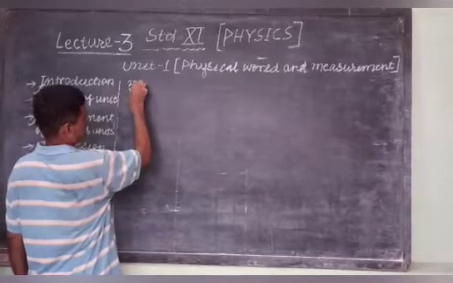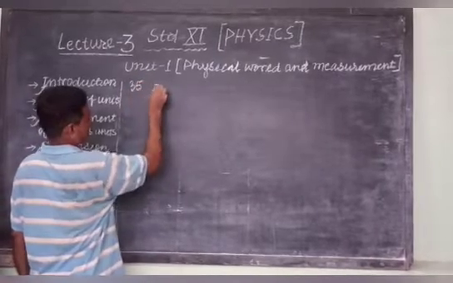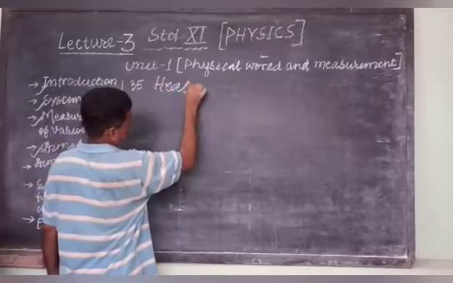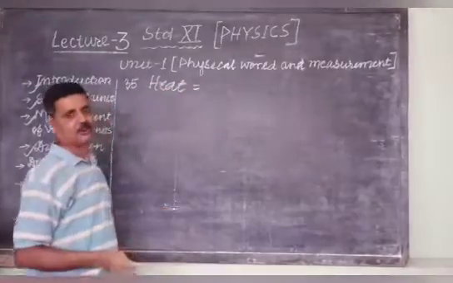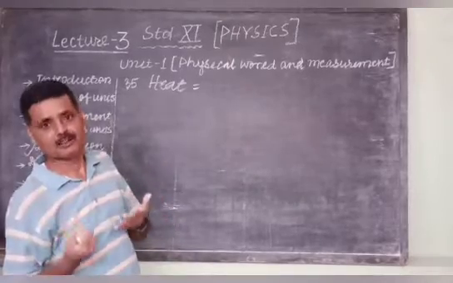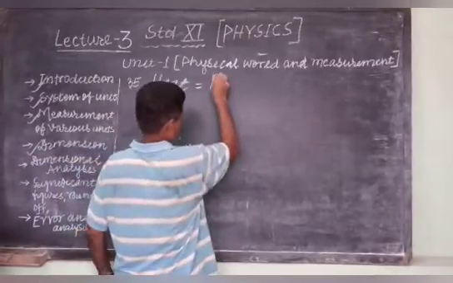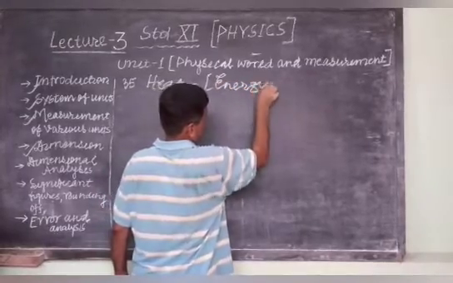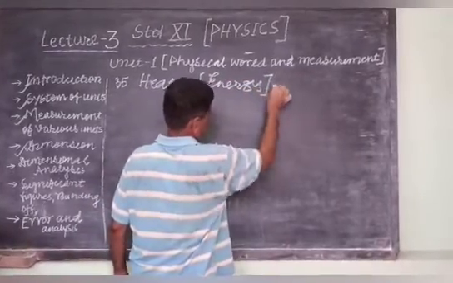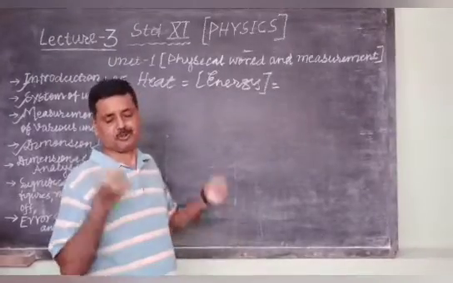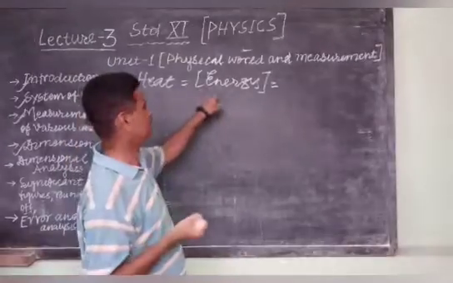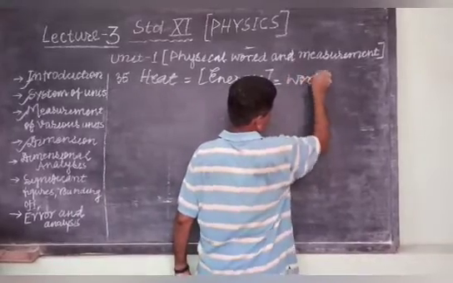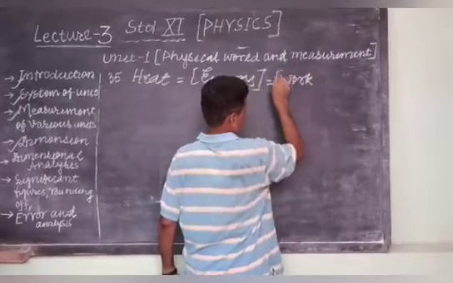35. Heat. I have not mentioned heat. Actually, heat is a form of energy, so the dimension of heat can be written as the dimension of energy. Energy means capacity to do work. So the dimension of this must be equal to work done.